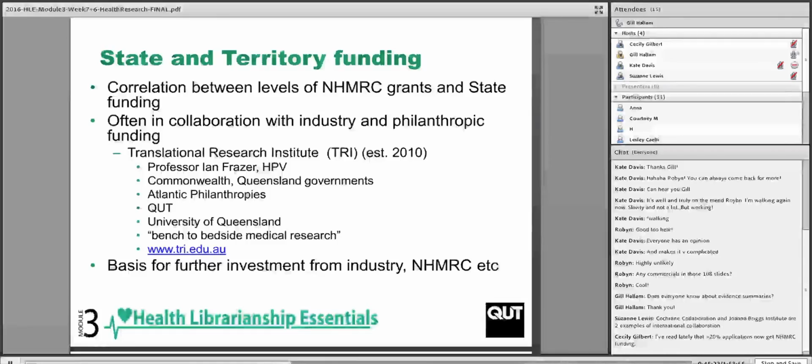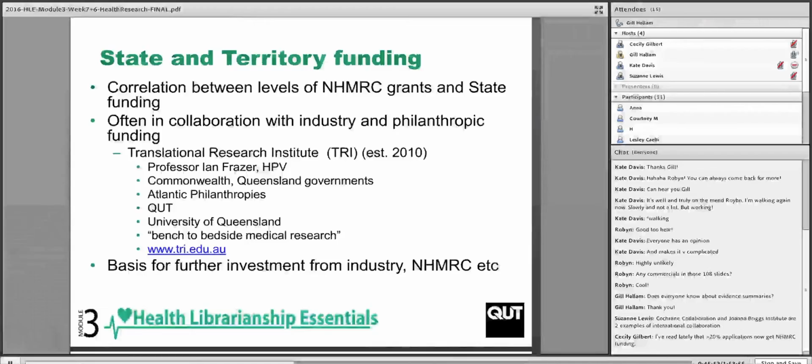So in terms of state funding, very often it's a collaborative activity again. So looking at industry input rather than straight state funding into various projects, they're expecting other partners to come in and contribute to that. A good example here in Brisbane is the Translational Research Institute, which involves Ian Fraser, who's the developer of the HPV vaccine.